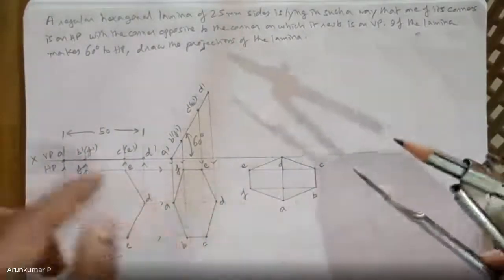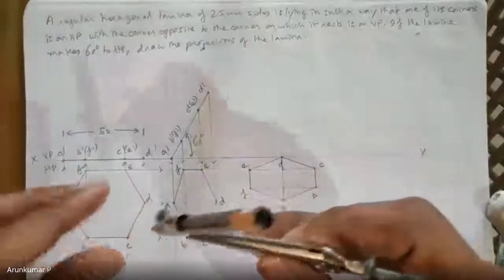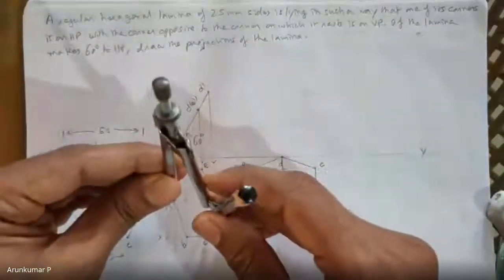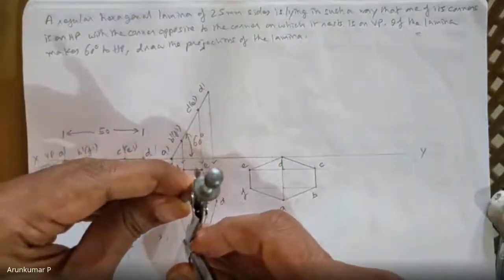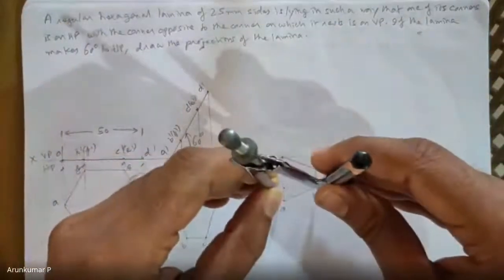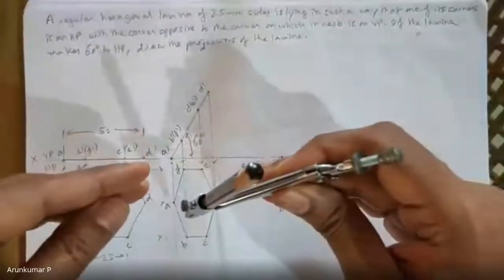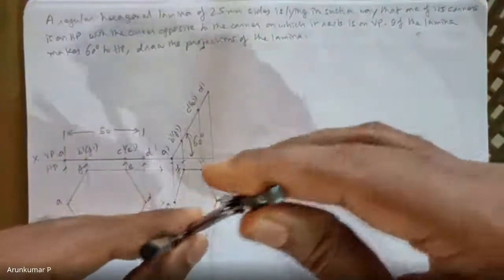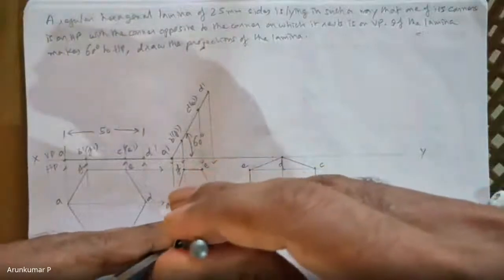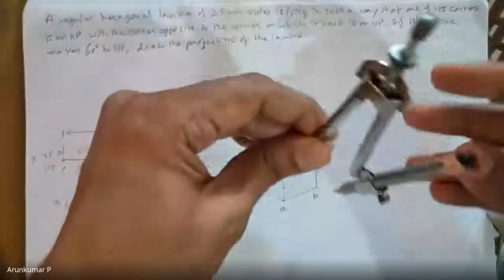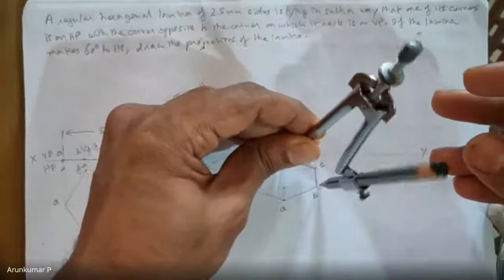For example, I want to locate B. I know A and D, so I'll take the distance from A to B. I'll mark an arc here, and then I'll take the distance from D to B and cut it.